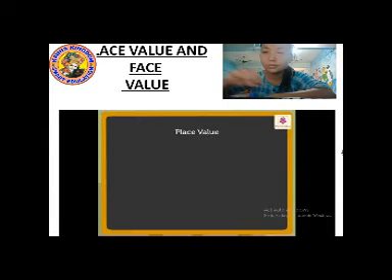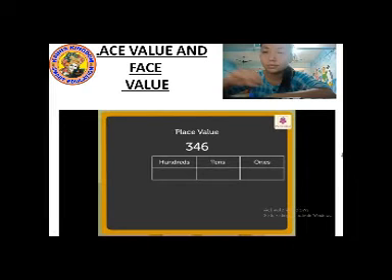Let us take the number 346. We write the number 346 in the place value chart as number 3 in the hundreds column, number 4 in the tens column, and number 6 in the ones column.